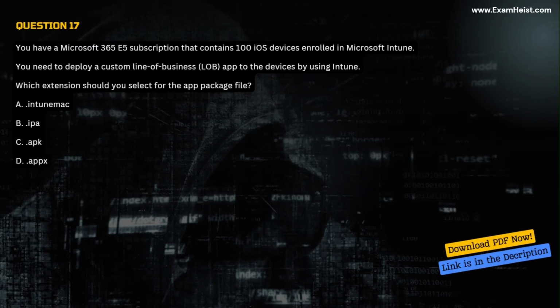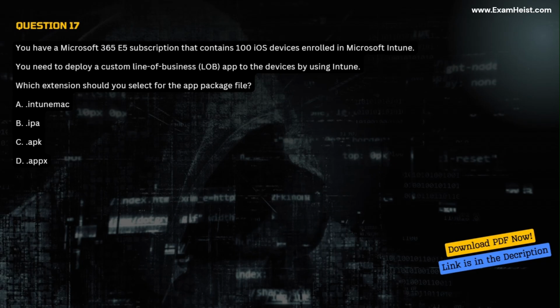Question 17. You have a Microsoft 365 E5 subscription that contains 100 iOS devices enrolled in Microsoft Intune. You need to deploy a custom line-of-business (LOB) app to the devices by using Intune. Which extension should you select for the app package file? A. .intunemac.